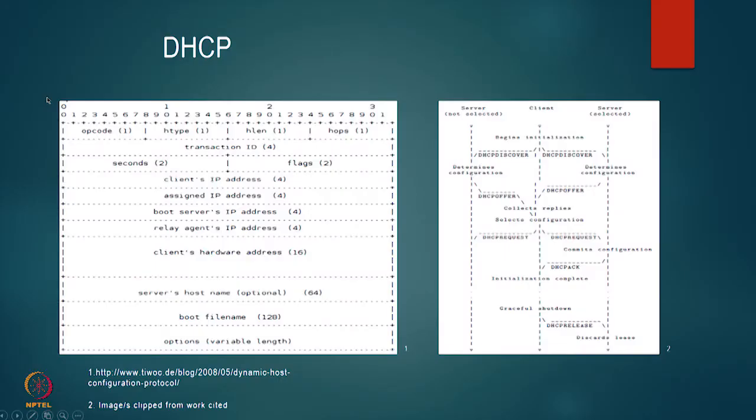The next is DHCP. In DHCP, the client sends information to whoever is the DHCP server. If you remember, we configured a DHCP server. It tries to find out which DHCP servers are available on the net, and then one of the servers will offer an IP address, the client contacts and requests it, the server acknowledges it, and after the client uses the IP address, it releases it.